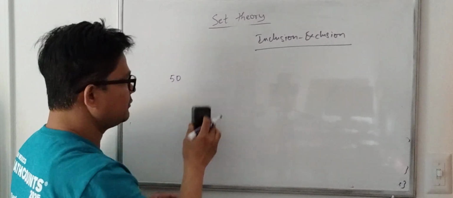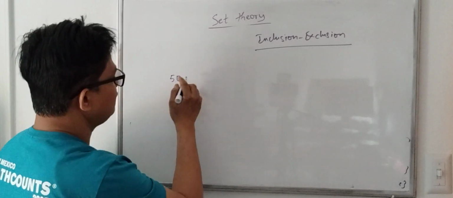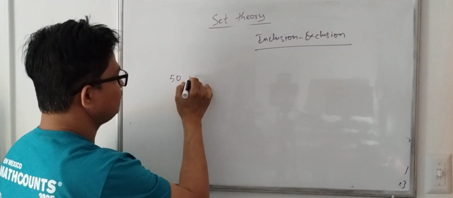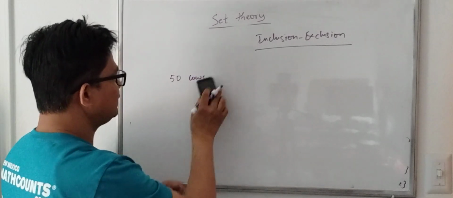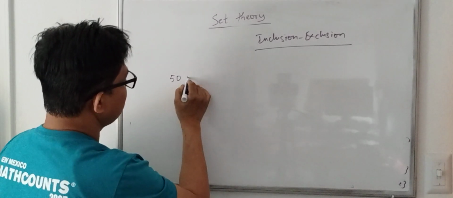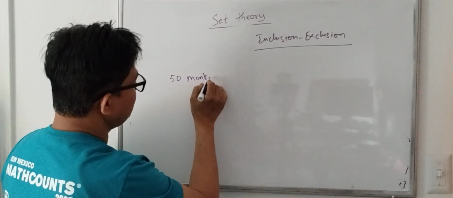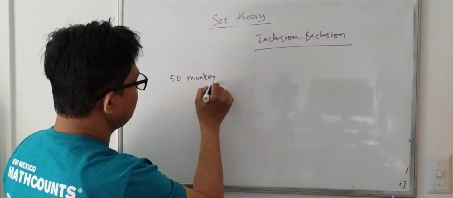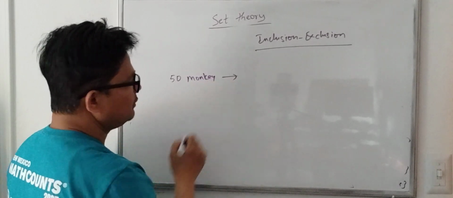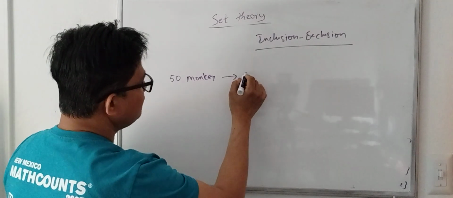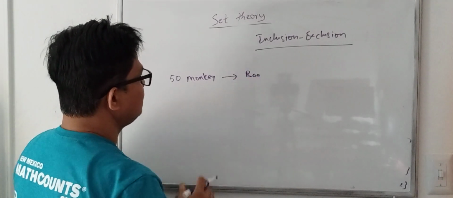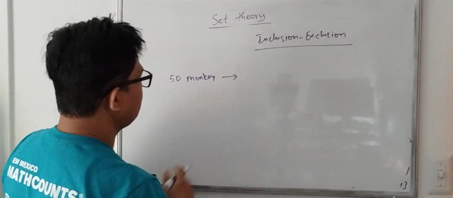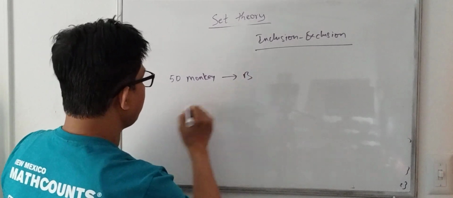Not lions, they are vegetarian animals. 50 cows. Monkeys, they are also vegetarian. 50 monkeys. They like banana. Let's call it B.